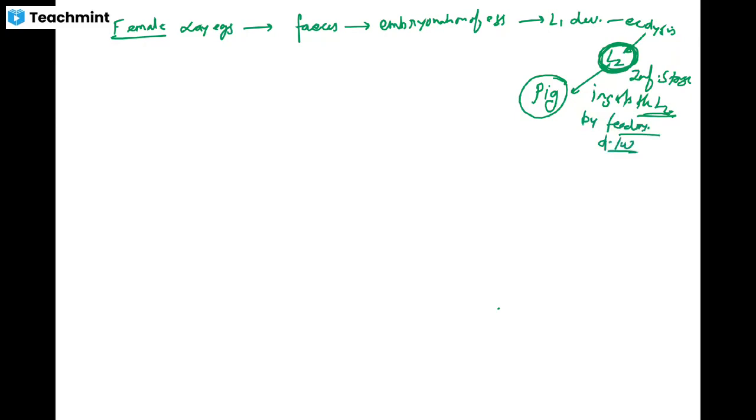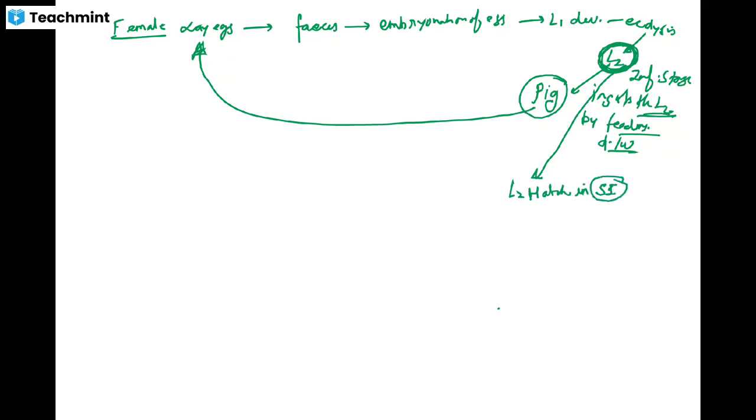So pig में इंजेक्शन हुआ, फिर उसके बाद फिर फीमेल ले. अब इसमें क्या होगा कि आफ्टर इंजेक्शन, this L2 will hatch in small intestine. Then after hatching in small intestine, this L2 will reach the liver through the blood stream.